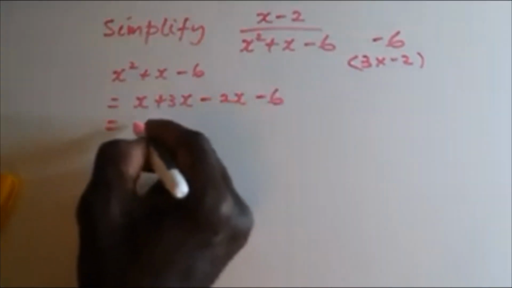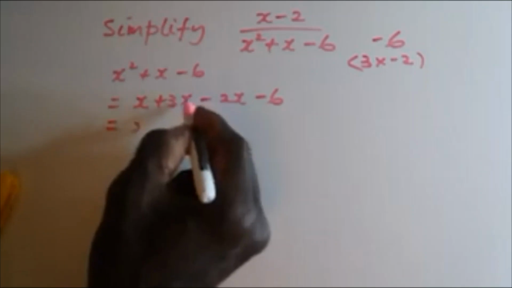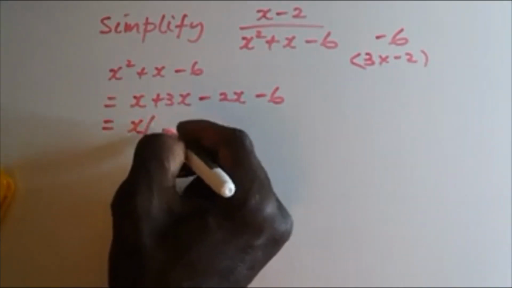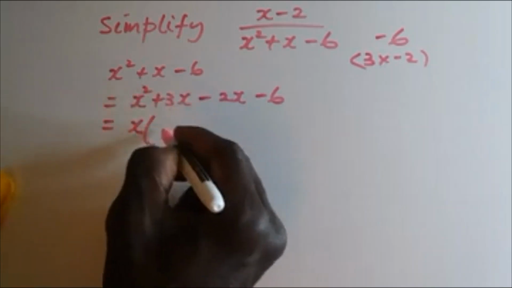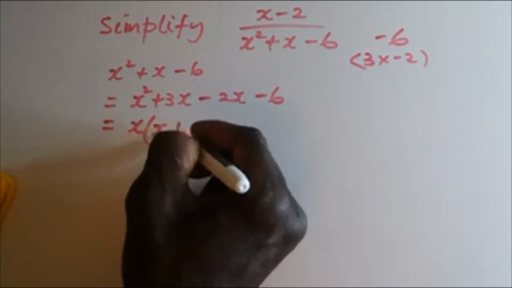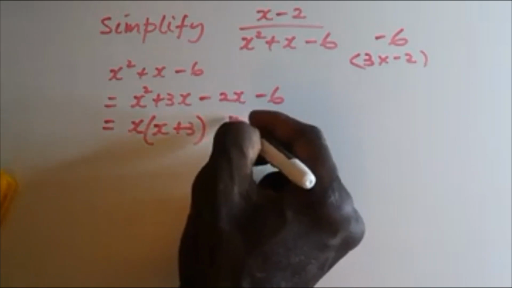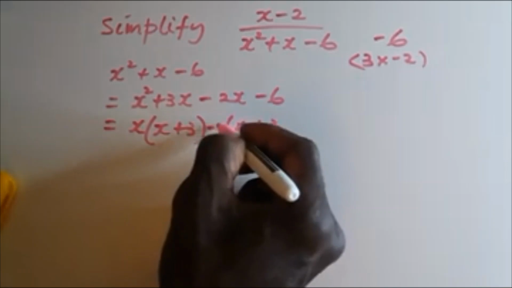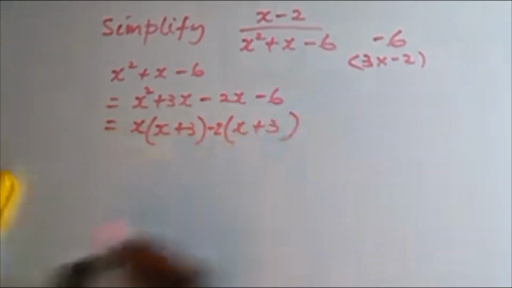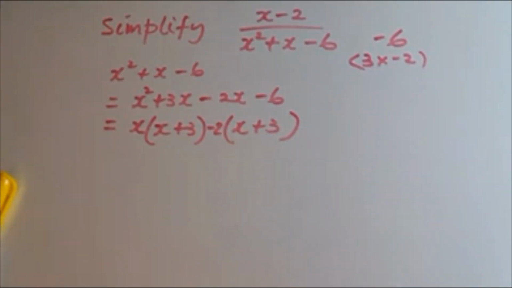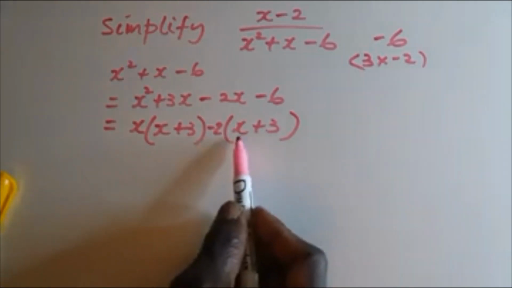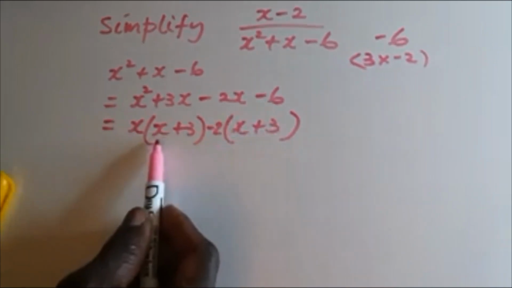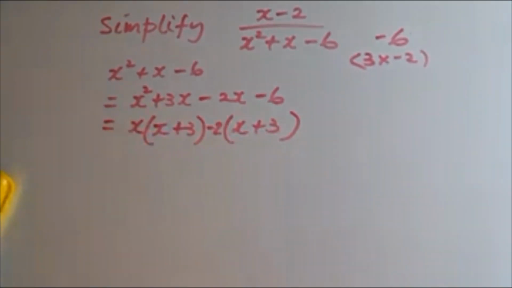We'll factorize these two and then these two separately. x squared into x add 3, and we have x add 3 here, so this must be minus 2. You can check that for yourself. If you clear the brackets here, we get minus 2x and minus 6. Here we have x squared and 3x.